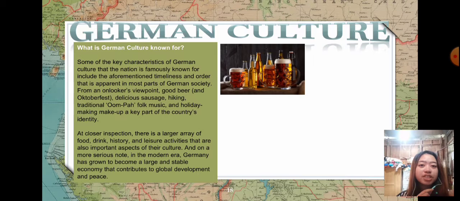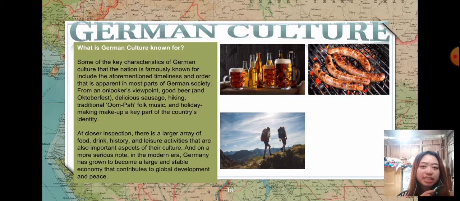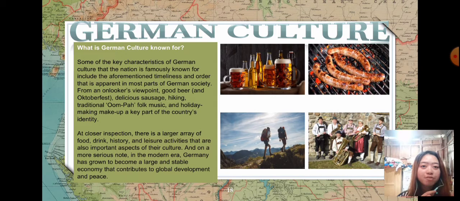Also the delicious sausage, hiking, and also traditional oompah folk music and holiday making make up a key part of the country's identity. At closer inspection, there is a larger array of food, drink, history, and leisure activities that are also important aspects of their culture.